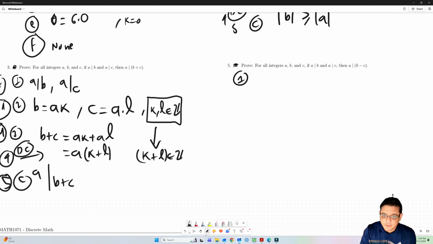First, a divides b, a divides c. Then this means that a times a certain k is b, and a times a certain l is c. And this is the definition of the assumption.